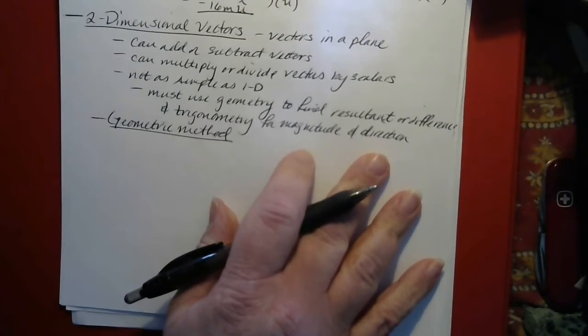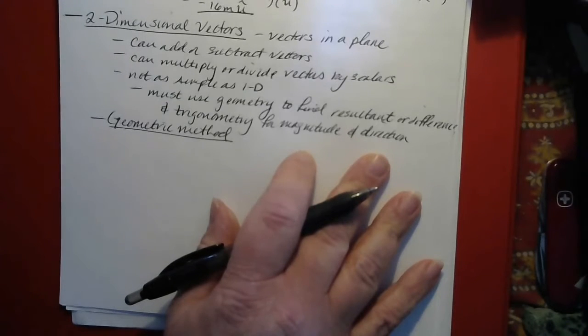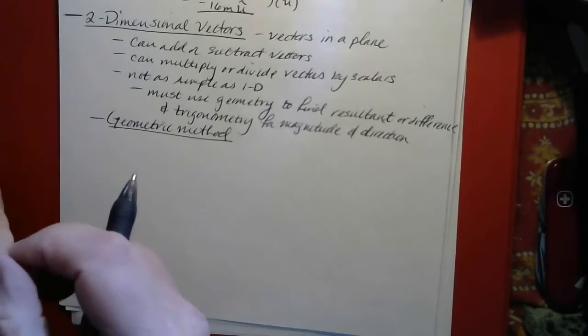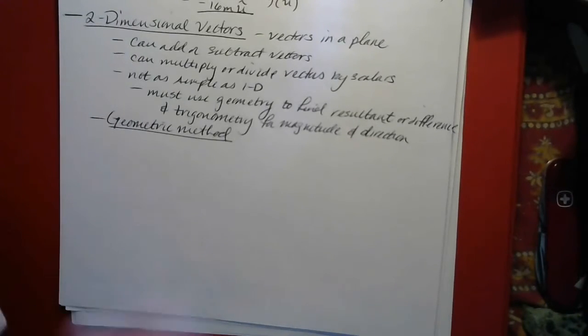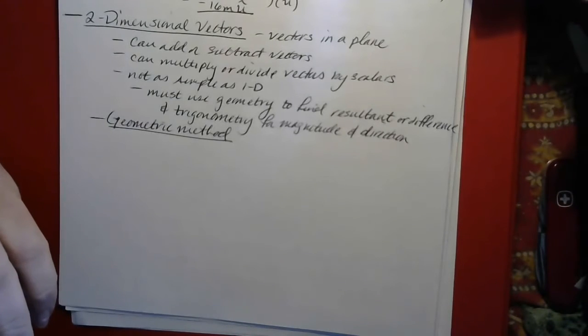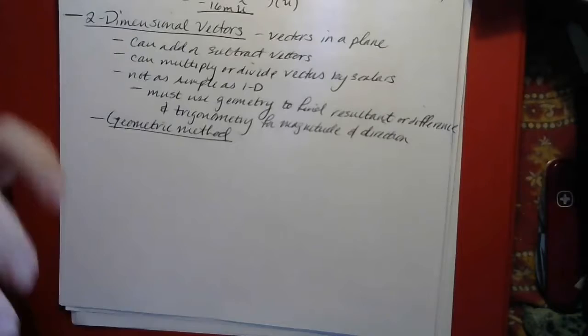We don't use the graphic, that is the geometric method, too often because it's not as accurate as using the more mathematical methods. Solving vectors geometrically is fairly complicated. Well, maybe not exactly complicated, but it requires a lot of very precise work.